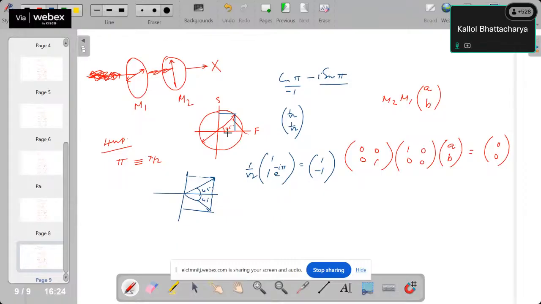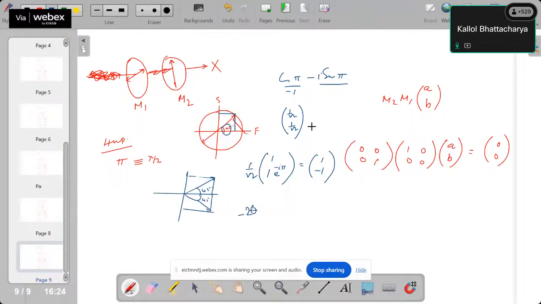In general, if the fast axis of the half wave plate makes an angle of theta degrees, in this case theta is 45 degrees, to the linear state of polarization of the input beam, then the linear state of polarization rotates by 2 theta, actually minus 2 theta.